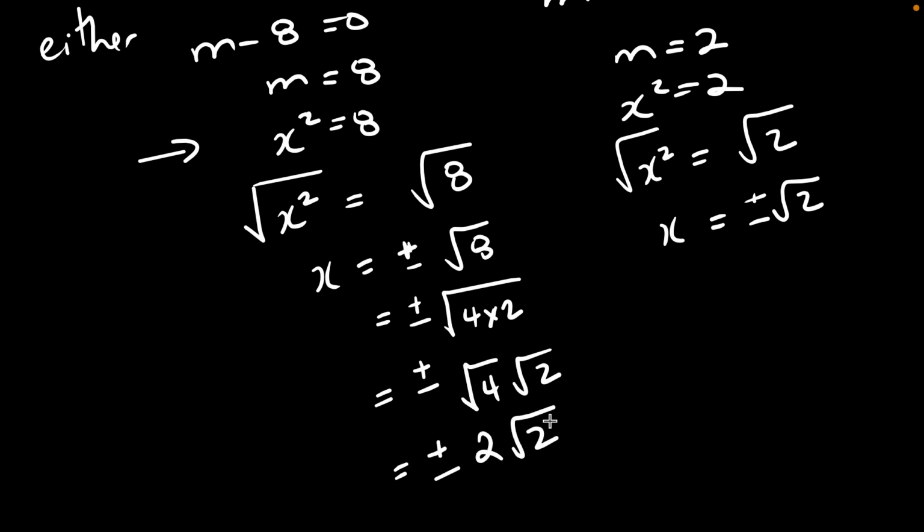So this breaks down or simplifies to 2 root 2. So x is either plus or minus 2 root 2, or x is plus or minus root 2. All right, light work. And this is how these questions look.